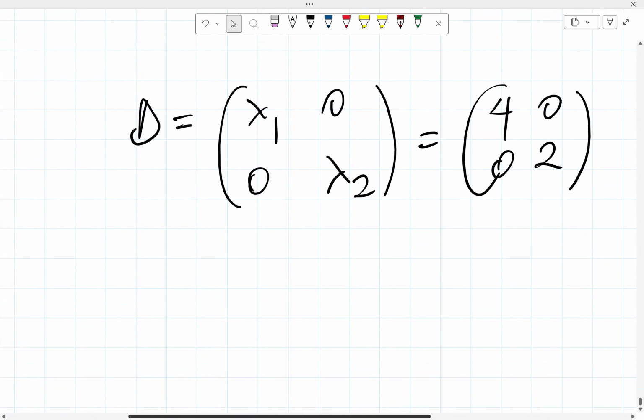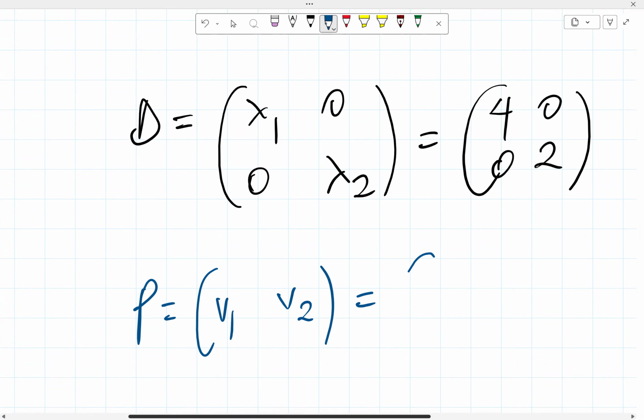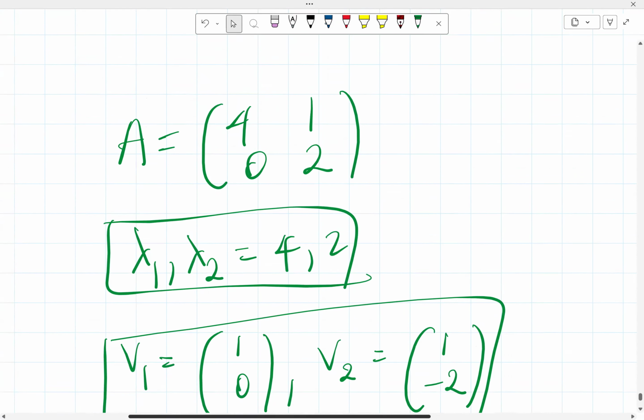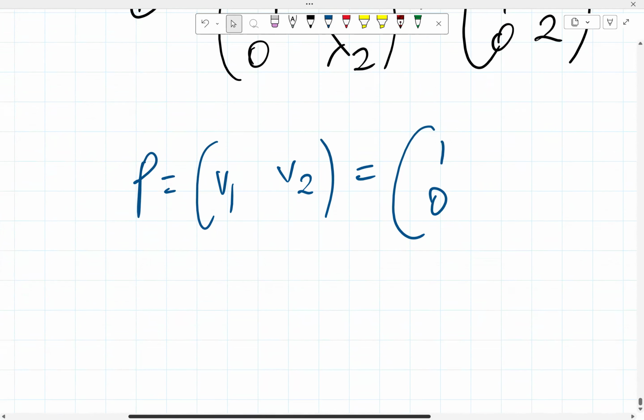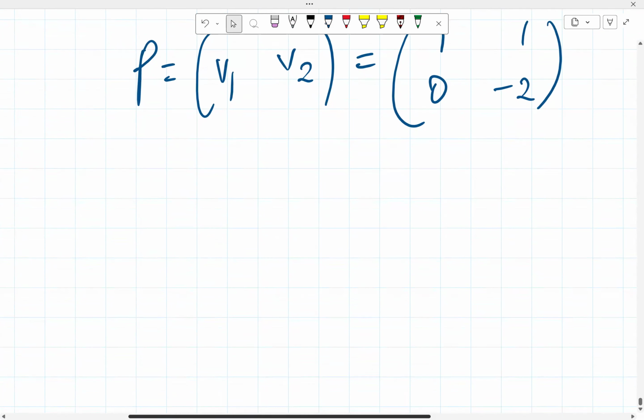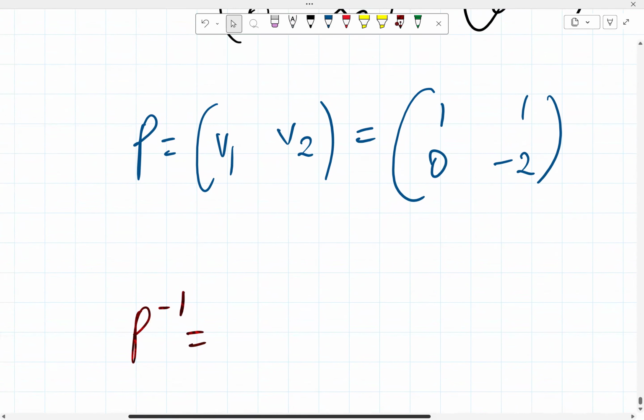Then P, on the other hand, now P should be the matrix of V1 and V2. So that's simply V1 is 1, 0. V2 is 1, minus 2. Okay. So also we can say that we can get P inverse. This is a 2 by 2 matrix, so it's easy.